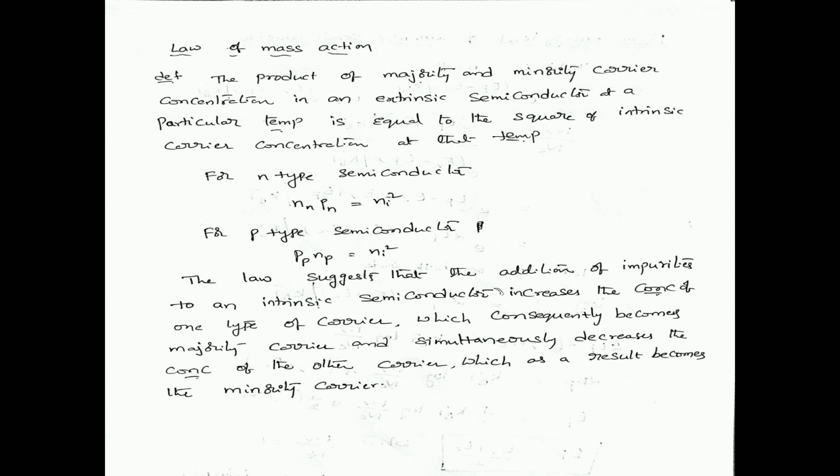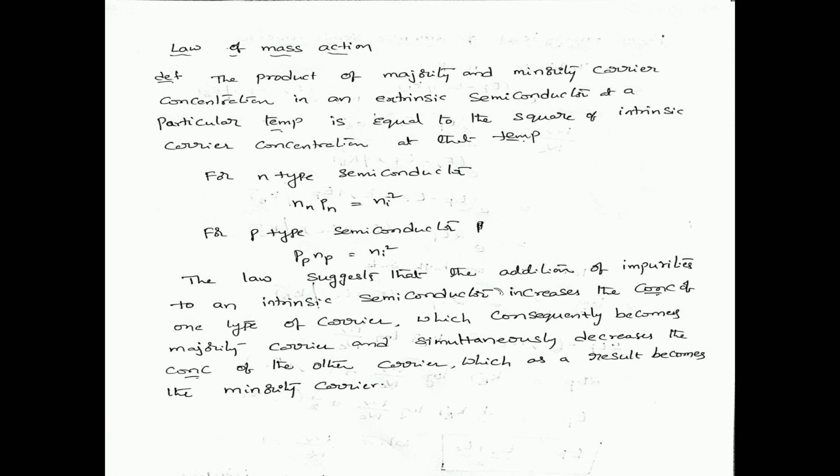The law suggests that if you add impurities to an intrinsic semiconductor, it increases the concentration of one type of carrier, which consequently becomes the majority carrier. When you are adding the impurities, that is the doping, to the intrinsic semiconductor, one carrier concentration increases and another carrier concentration decreases.